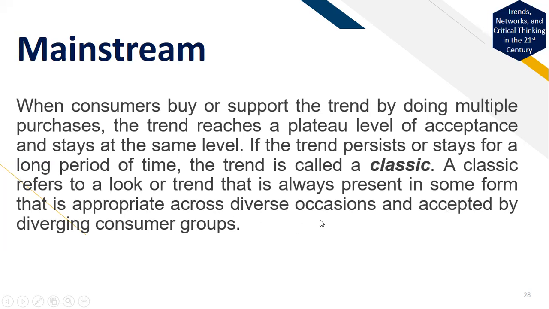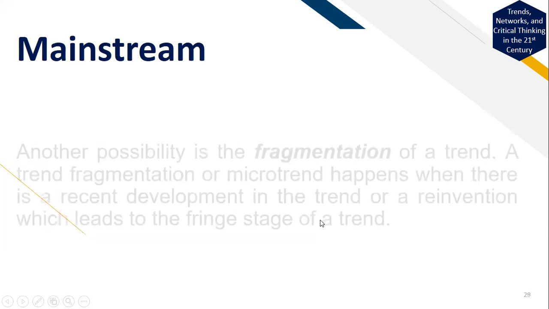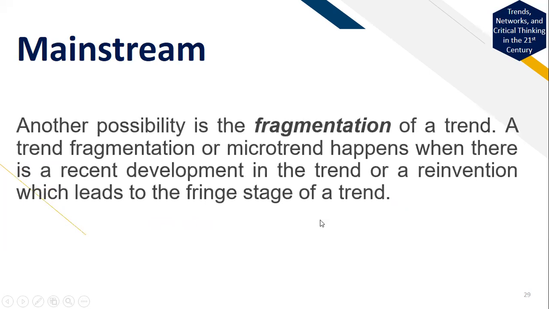And lastly, another possibility is the fragmentation of a trend. A trend fragmentation or microtrend happens when there is a recent development in the trend or a reinvention which leads to the fringe stage of a trend. So, ibig sabihin, pag sinabi natin fragmentation, nagkakaroon siya ng portioning. Parang nanganganak.